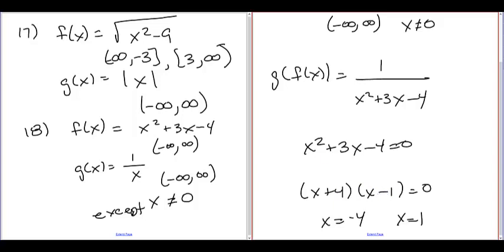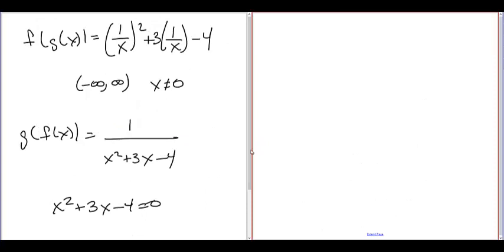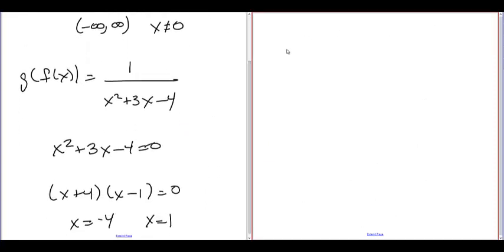So our domain here for this second problem, or the last problem, is going to be all real numbers except x cannot equal negative 4 and x cannot equal 1.